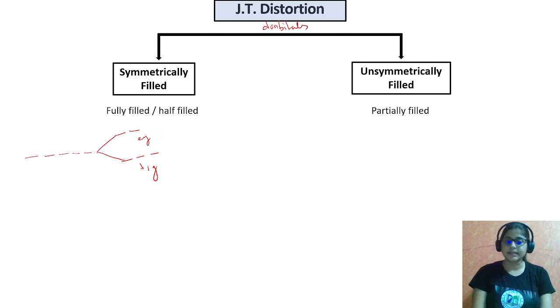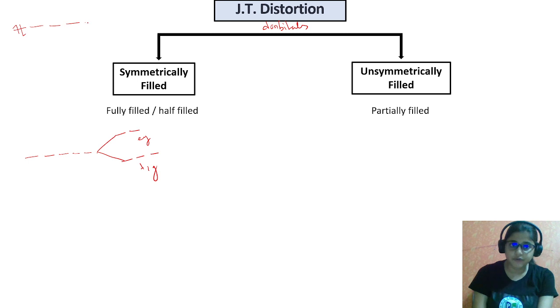In that case, what happens? Let's say half filled. In the d orbitals, five orbital lobes are there, and in each of these orbitals 2 electrons can sit, right?